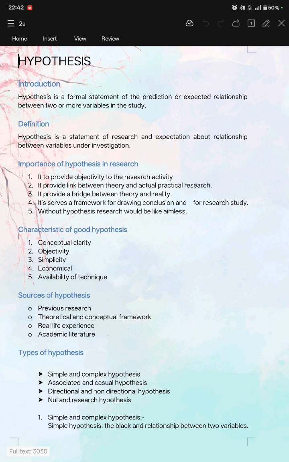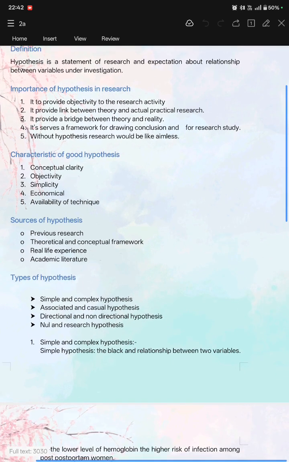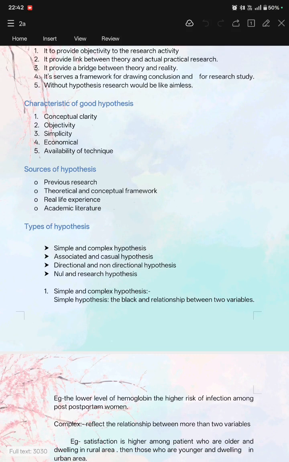First is previous research, second theoretical and conceptual framework, third real life experience, fourth academic literature. Types of hypothesis: simple and complex hypothesis, associated and causal hypothesis, third directional and non-directional hypothesis, null and research hypothesis.